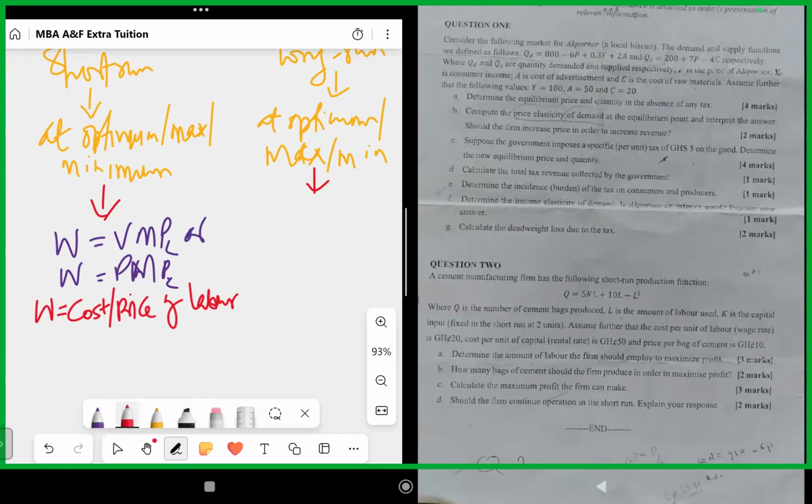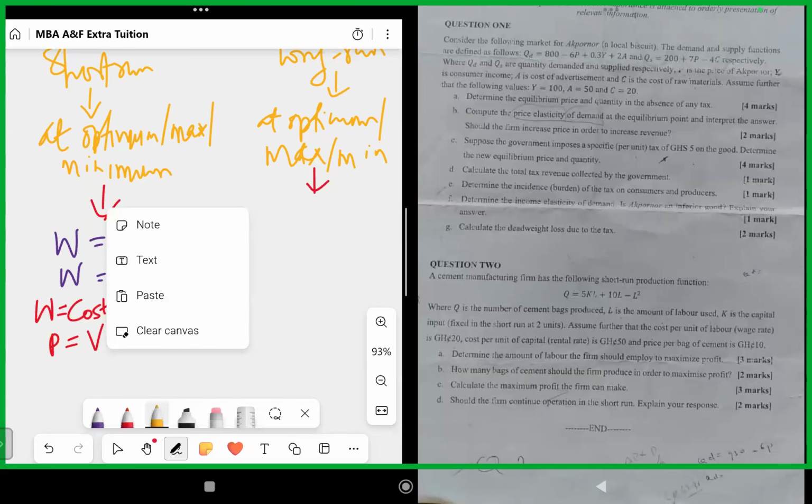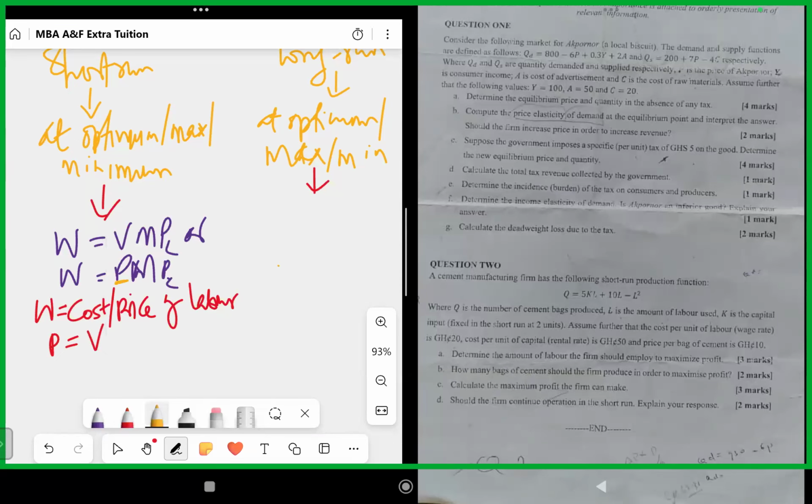And also the P is the same as the V. So the P here, in yellow, is the same as the V there. So you can use W equals VMPL or PMPL. Are we okay? Good. So in the short run, at maximum, optimum, or minimum, you state this formula.